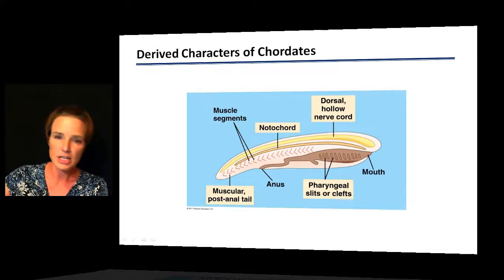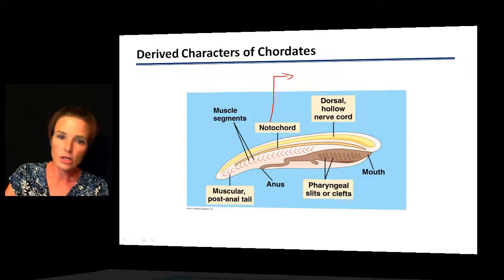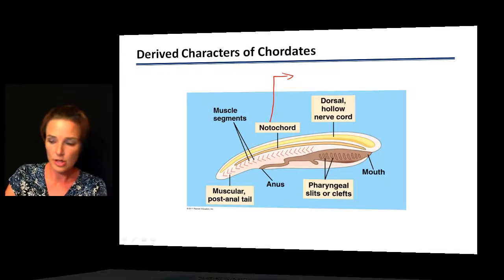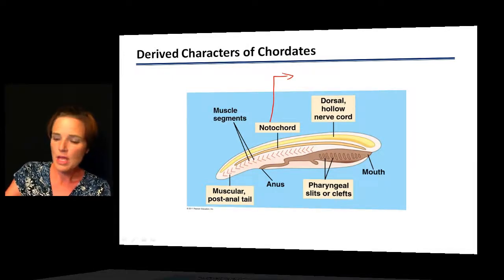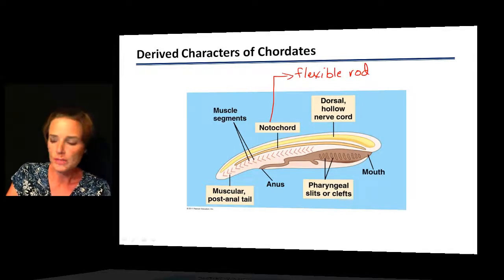So if we talk about each of those, the first one is what we call the notochord. The notochord is going to be present in all chordates. Sometimes it's present in the adults. All of the time it's going to be present in the larvae or in the embryos. And this is going to be a flexible rod that's going to run the length of the organism.